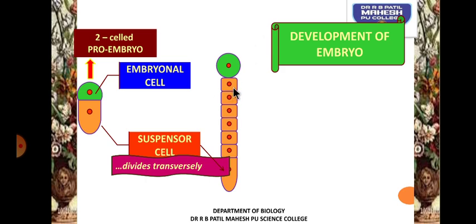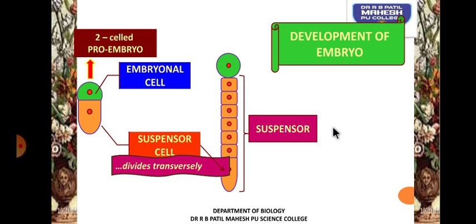Here approximately 8 cells will be formed, and those cells are going to form the suspensor. The suspensor cells divide transversely a few times to produce a filamentous suspensor of 6 to 10 cells.